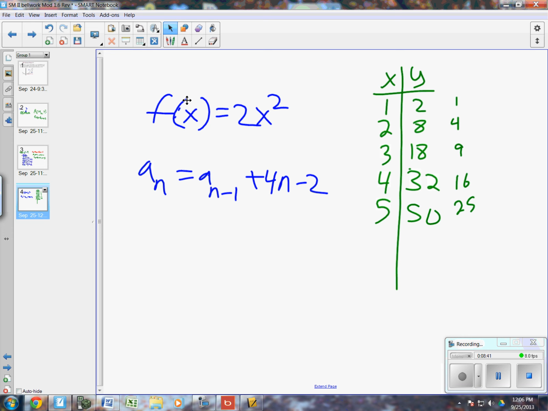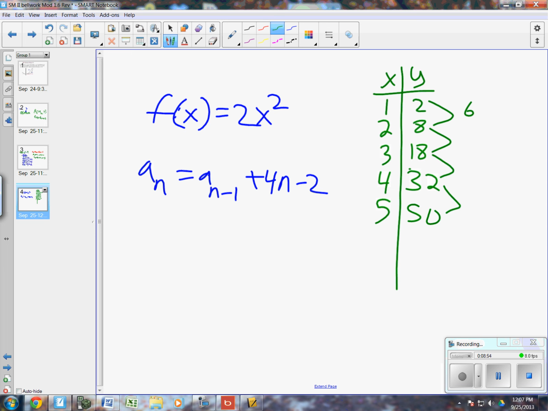Okay, now the recursive. Alex, do you want to explain how you got the recursive? Okay. You guys will notice, what's the second set of differences here? 4.